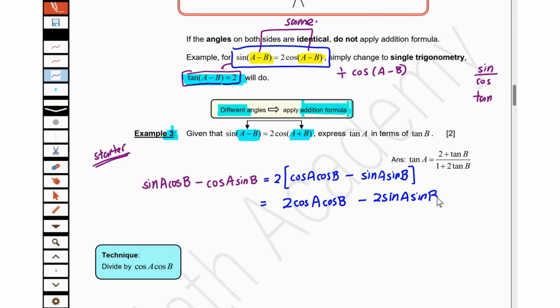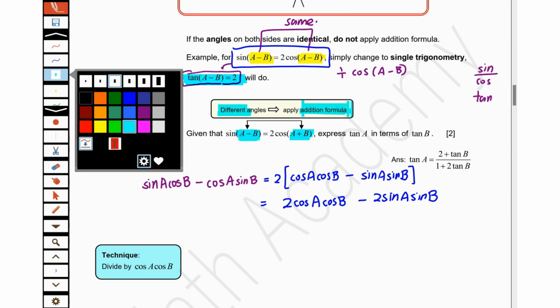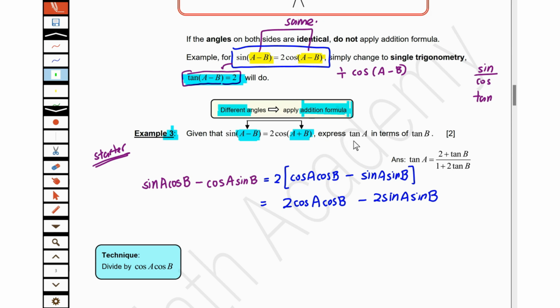If you look at the question again, they are asking you to find tangent A. So let's recall. To get tangent, you are supposed to get sine over cosine first.